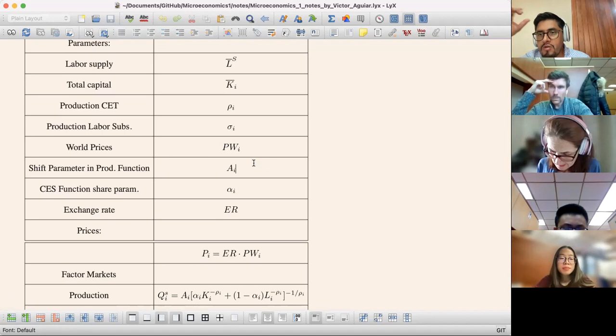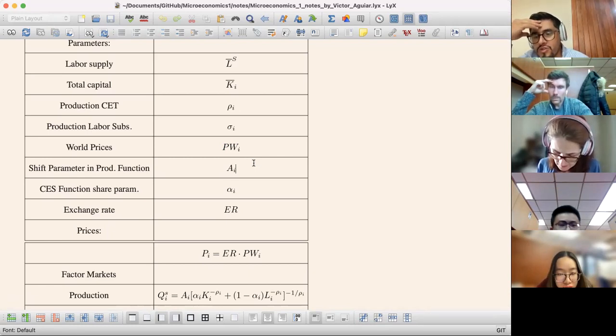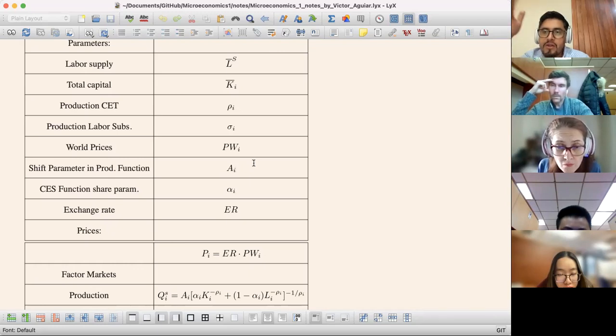This is a small open economy, so there are going to be some world prices expressed in some monetary unit, and then you're going to have some exchange rate to change it to the local currency. For instance, for Canada, the exchange rate will be the exchange rate of US dollars to Canadian dollars, right? So you can transform world prices into the local ones.